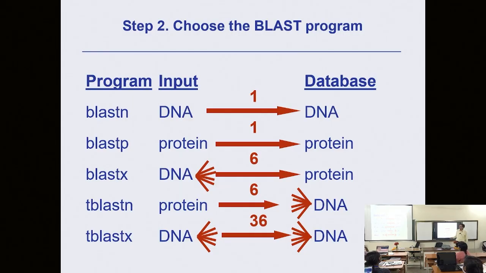6. Then you could have a DNA sequence and you want to compare it with a DNA sequence in the database, but you want to compare at the protein level, right? Because you believe that when you compare at the protein level, you will see conservation that you may not see using DNA, because DNA, you know, evolves faster than protein, right?